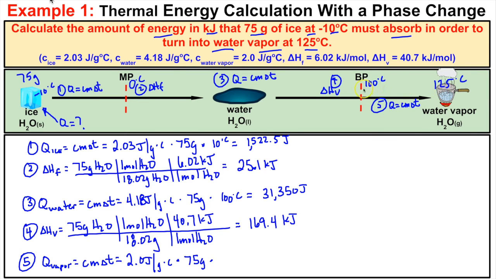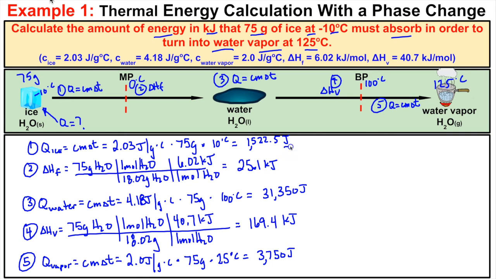Take final minus initial, and we get 25 degrees Celsius. We'll put this in our calculator, and we end up with 3,750 joules. So now that we've done all 5 of these steps, we can add them up.